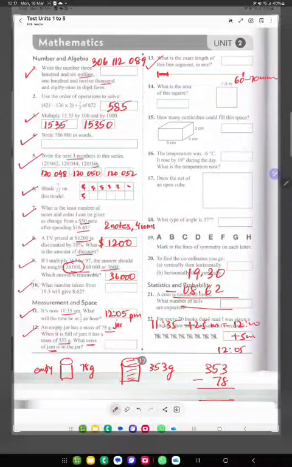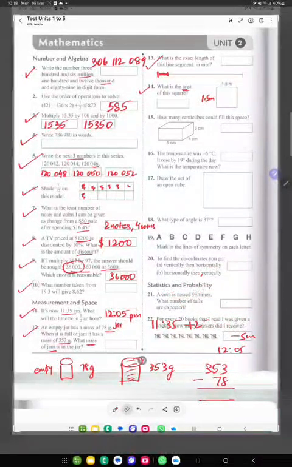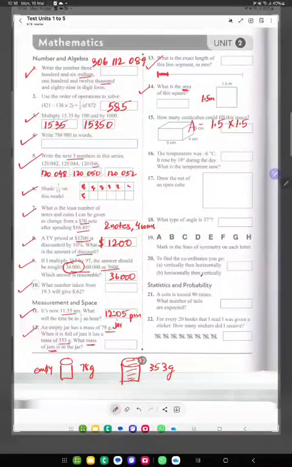Okay, now question 14. What is the area of the square? To do the area, we multiply length and width. So you have to do 1 point. Let me just clear the screen. You have to do 1.5 times 1.5 for the area.